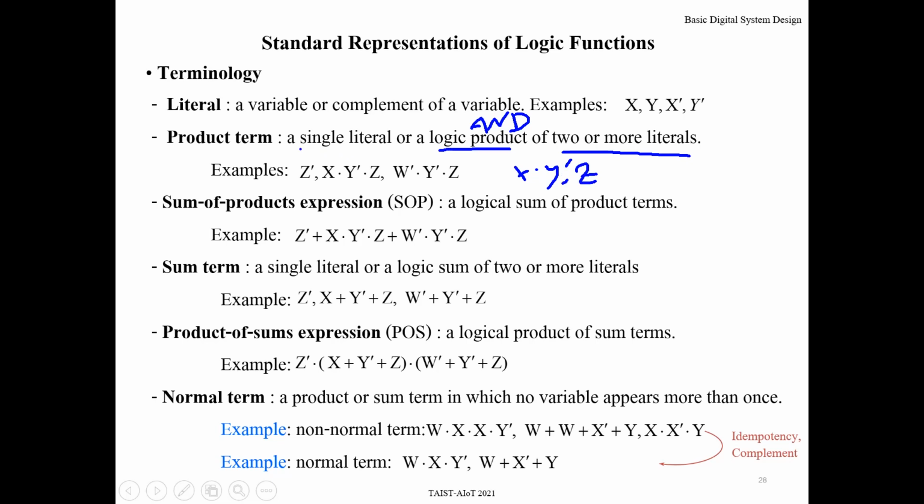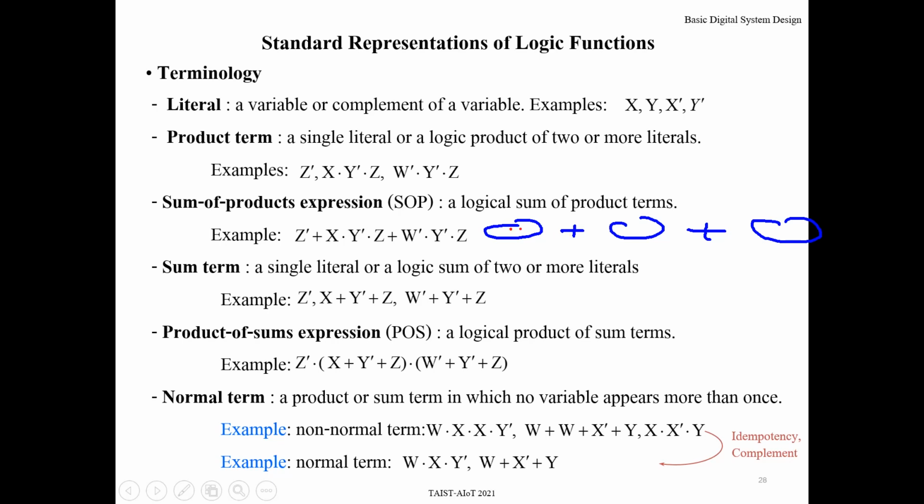A single literal also is treated as a product term, for example z or z prime. And a sum of products is the logical sum, OR, of product terms. Namely, it is a sum of many terms, and each term is a product, or AND, between literals or variables. It's called sum of products.